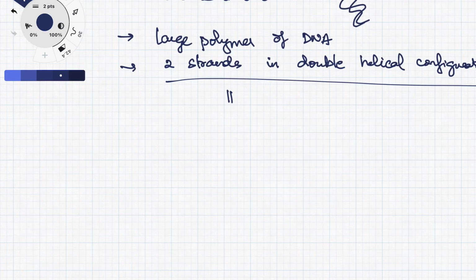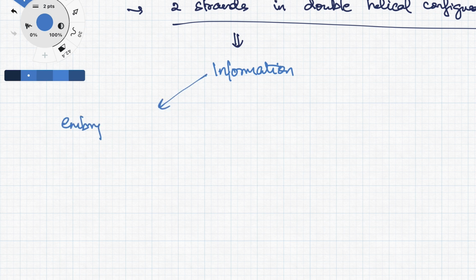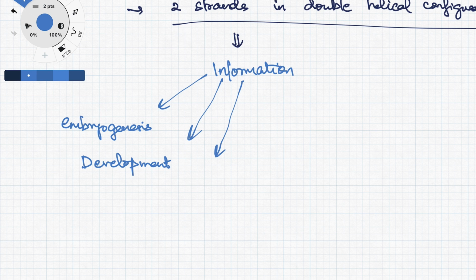Now why is this DNA important? Why do we call it the genetic material? Because it contains some information. So what sorts of information does it have? It has information about the embryogenesis. It has information about how this embryo develops. It has information about how this embryo, after developing, grows.